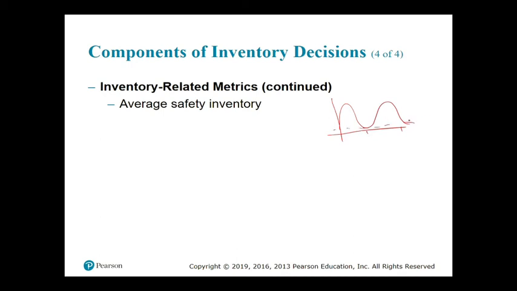So this number would be the amount we're holding extra for safety reasons. The amount of seasonal inventory, basically the inflow of products exceeding its sales in each planning cycle.